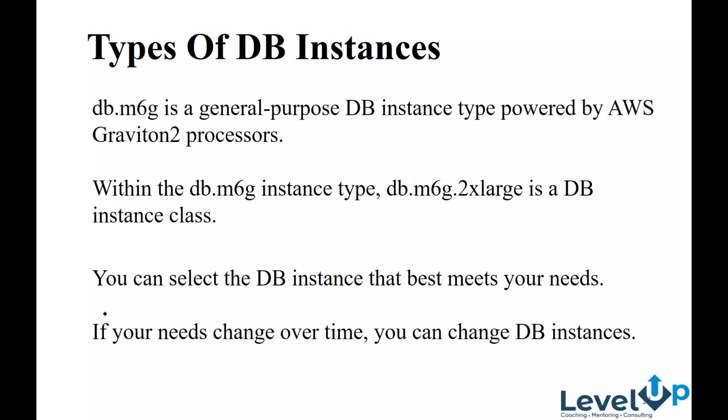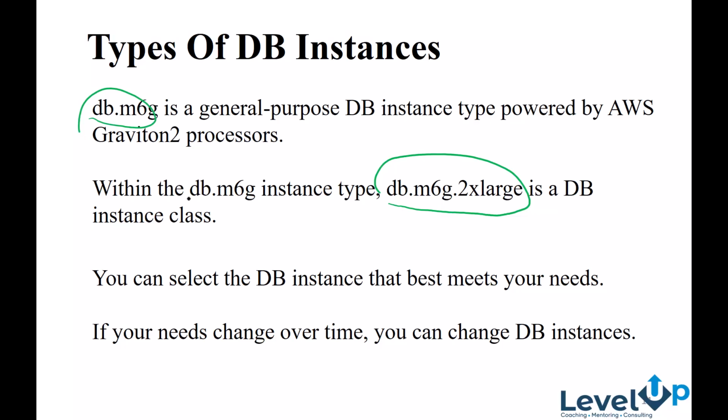Now there are different types. For example, as you can see here, there is a type called db.m6g.2xlarge, or there are different classes. There's something called db.m6g, which you can call a general purpose database instance.